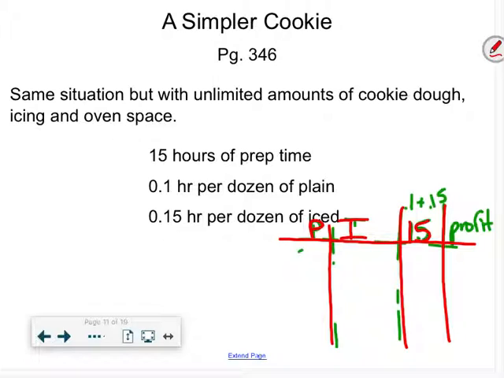Some of you have already tried to maximize 15 hours, but you didn't finish out those combinations because you might have gone over on the amount of dough, or you might have gone over on the amount of icing.